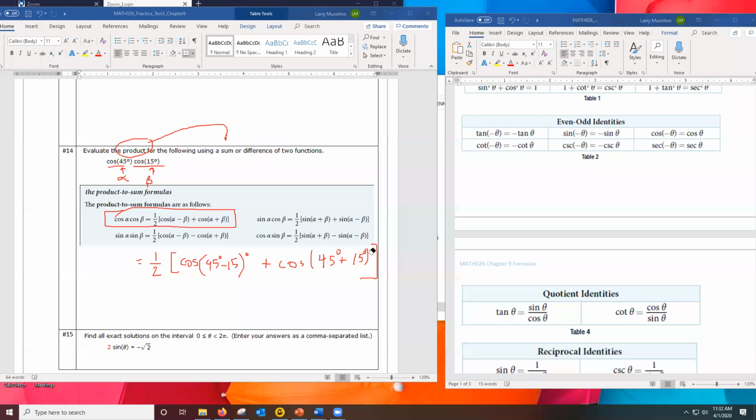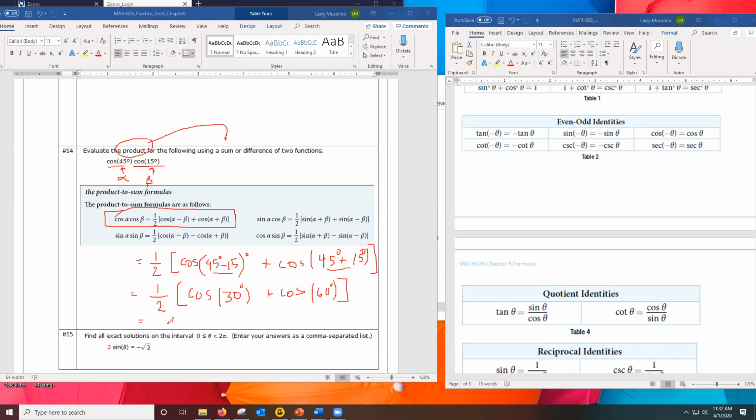So let's go ahead and work this out. By the way, remember this 1/2 is sitting in front of these brackets. All right, well, this first parenthesis, 45 minus 15 is 30 degrees. And the second cosine inside the parentheses, 45 plus 15, that's 60 degrees. Good news, 30 and 60 are on the unit circle.